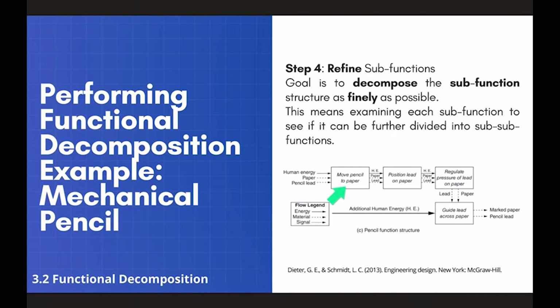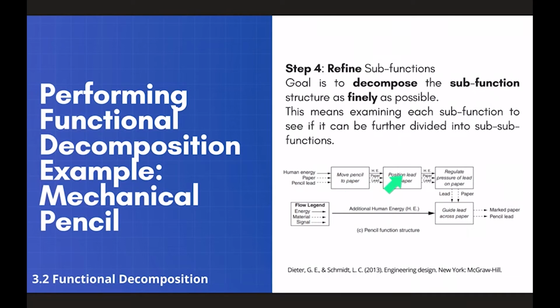Then the next sub-function is position lead on paper. It also has 3 function flows. First is the energy flow, human energy, where the hand of the human positions the pencil lead on paper, and then the paper is also positioned with respect to the pencil lead, and then the lead is also positioned onto the paper.